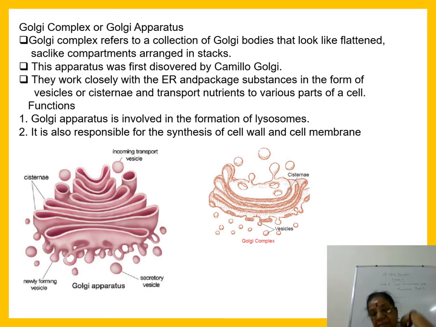This apparatus was first discovered by Camillo Golgi, check the spelling of Camillo Golgi, and they were closely associated with the endoplasmic reticulum and package substances in the form of vesicles or cisternae and transport nutrients to various parts of a cell. And Golgi apparatus is involved in the formation of lysosome. It is also responsible for the synthesis of cell wall and cell membrane.